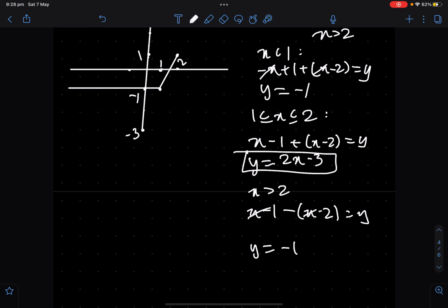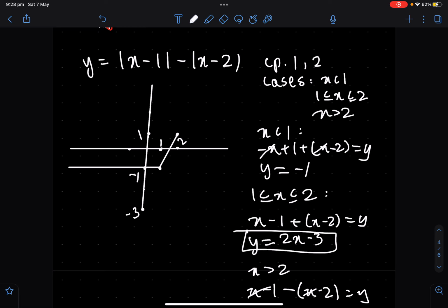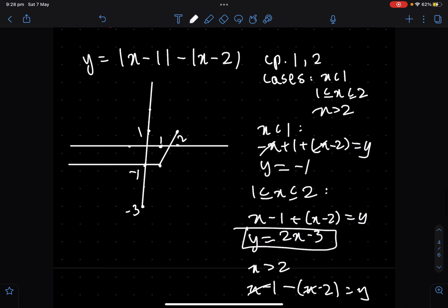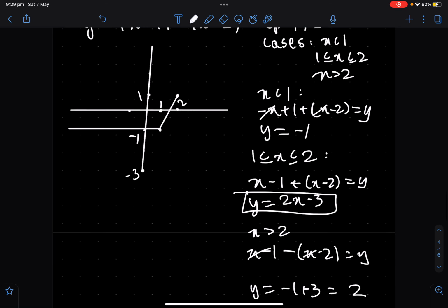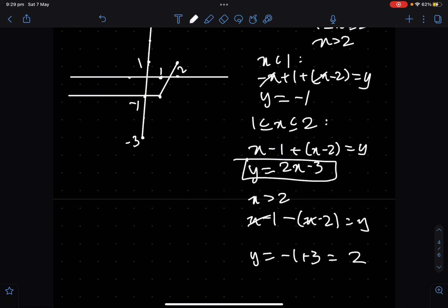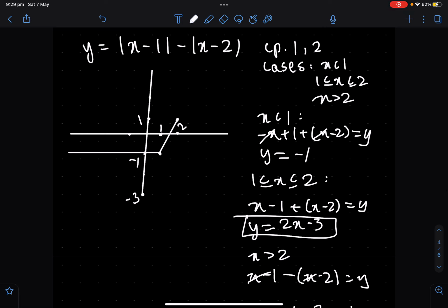We would get minus 1 plus 2, to make sure I add correctly, and that is equal to 1. So our new value, when x is greater than 2, is y is equal to 1.